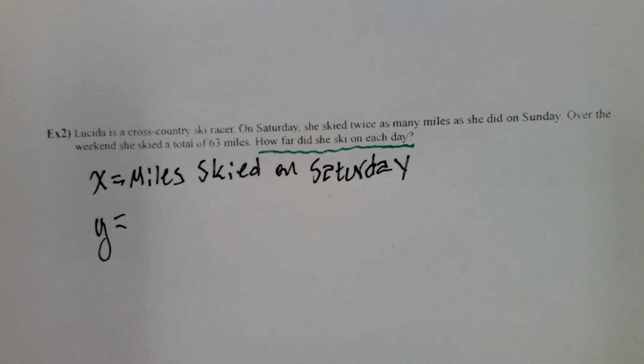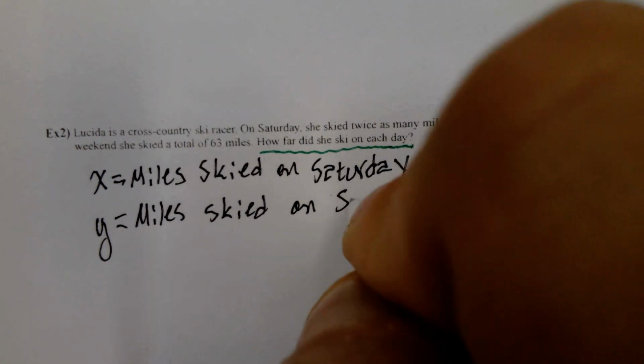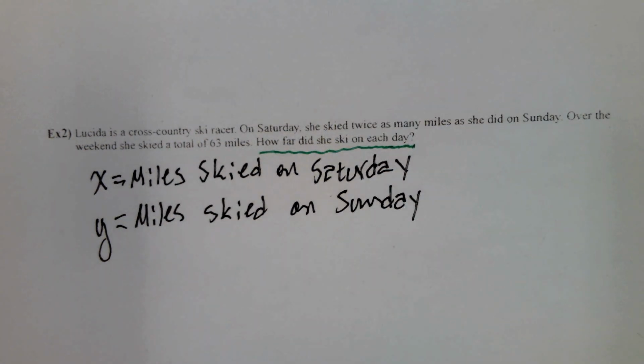Guess what Y is going to be? Miles skied on Sunday. Okay? So now we have what the variables represent. Let's go back and figure out our two equations.